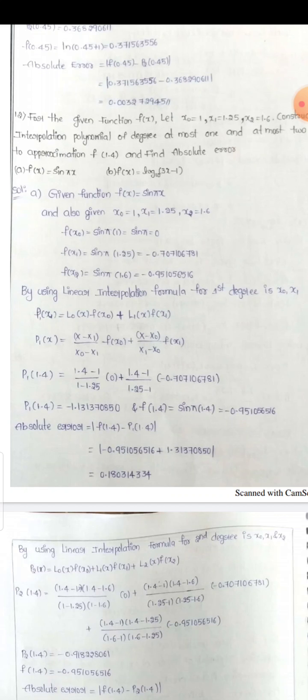Solution. a. Given function f of x is equal to sin pi x and also given x naught is equal to 1 and x1 is equal to 1.25, x2 is equal to 1.6. f of x naught is equal to sin pi of 1 is equal to sin pi equals 0. f of x1 is equal to sin pi of 1.25 is equal to minus 0.707106781. f of x2 is equal to sin pi of 1.6 is equal to minus 0.951056516.